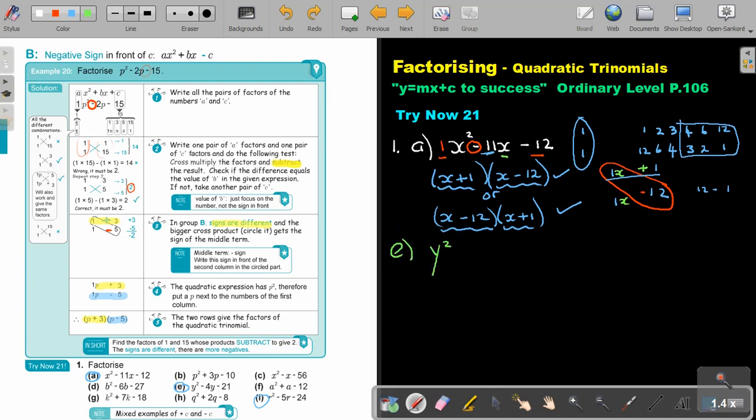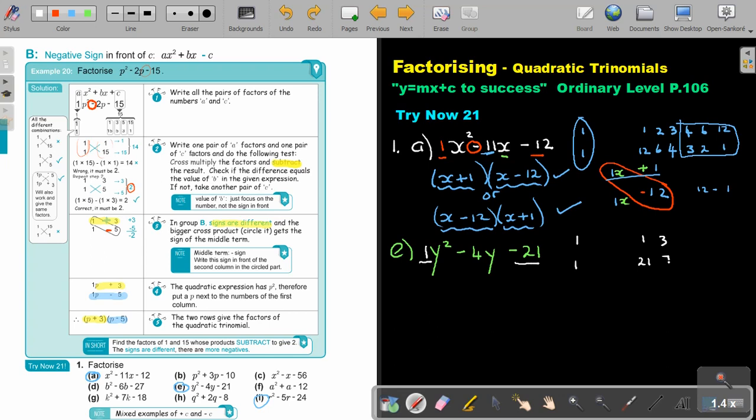So it's going to be y squared minus 4y minus 21. And then again, this is 1, this is 21. So it's 1 times 1, 1 times 21, 3 times 7. Now it's not necessary to write the reverse due to the fact that there is only 1 and 1.